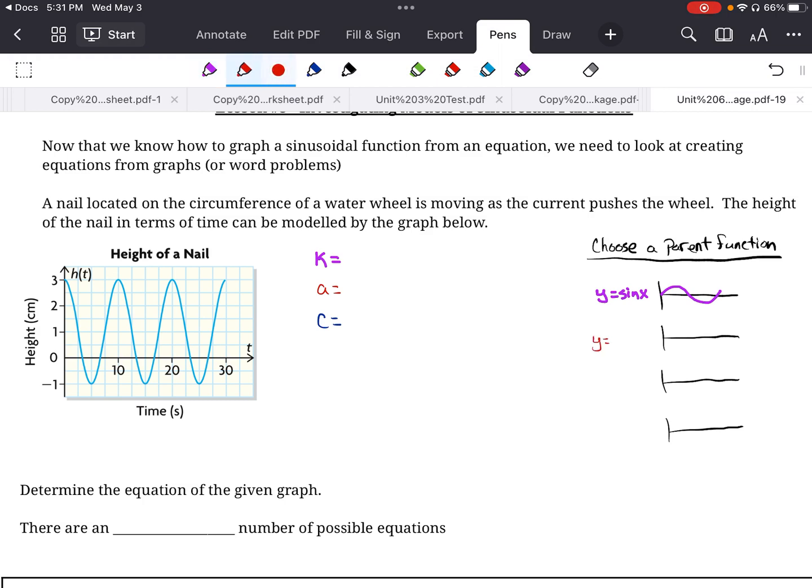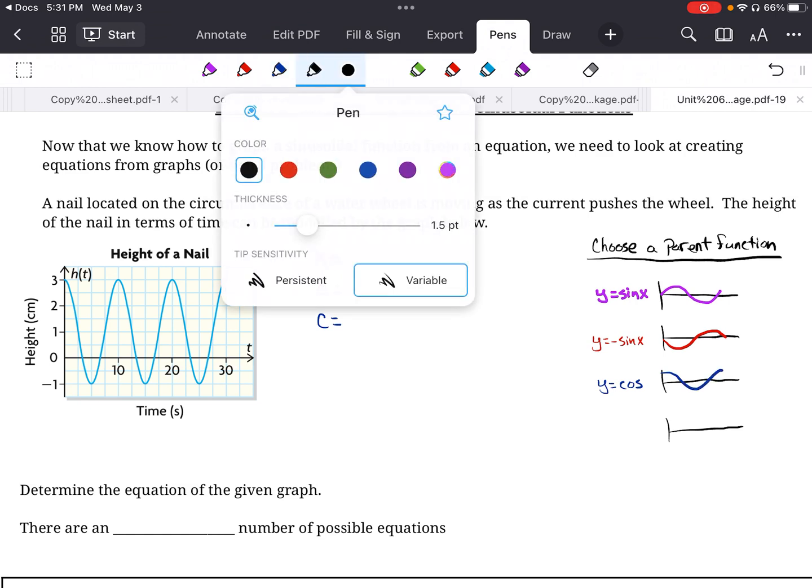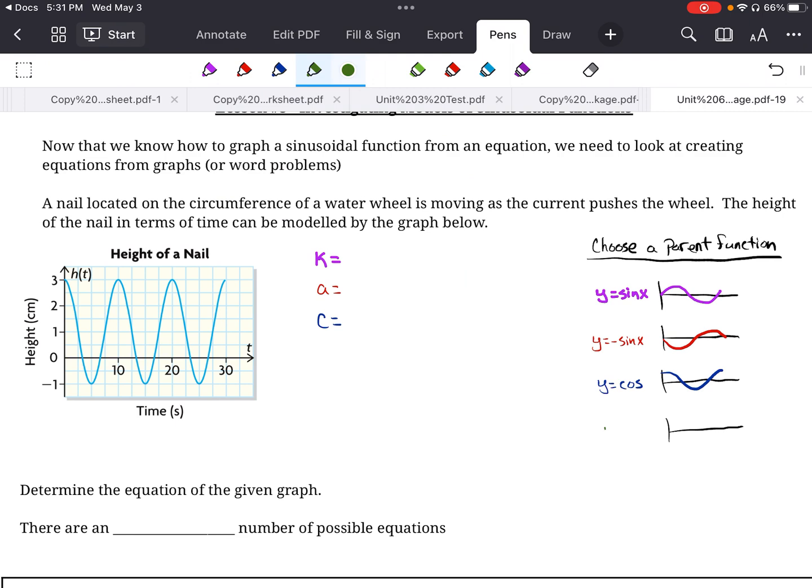We have y equals negative sine x, which looks like this. y equals cos x starts at the maximum, and y equals negative cos, which starts at the minimum.